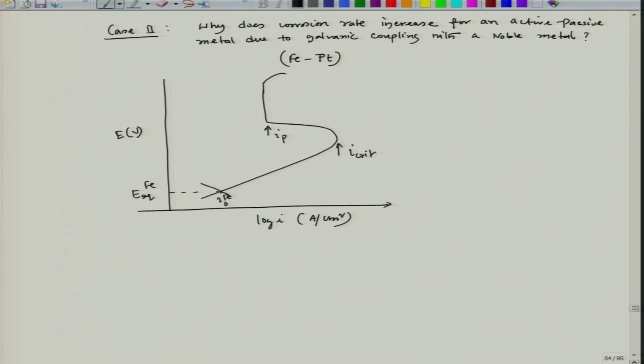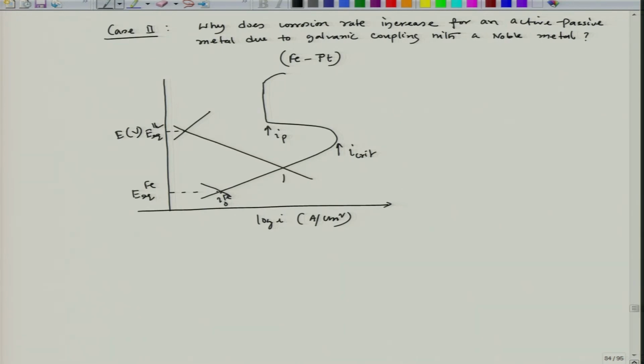Now, if we consider the hydrogen evolution reaction, since this alloy is exposed to the acid, let us say that becomes my cathodic reaction, and let us say the E equilibrium lies here, and it will have its own cathodic polarization.